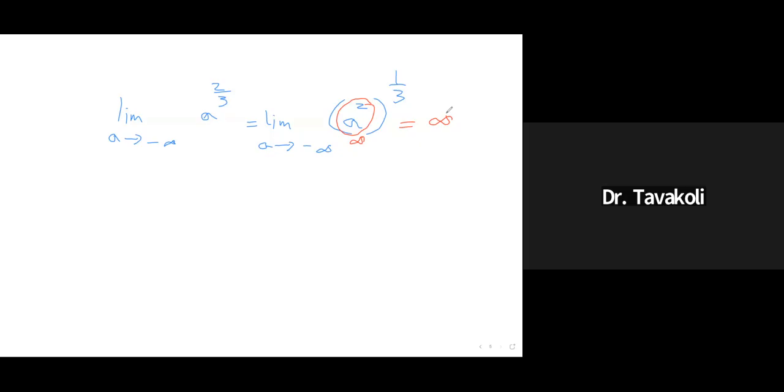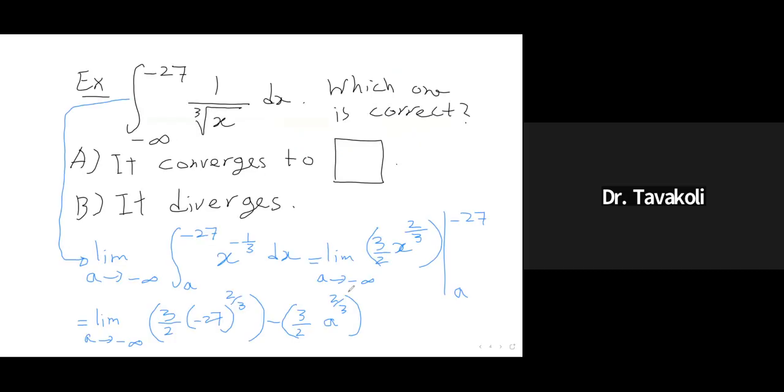So for this reason, this part tends to infinity, which means that we are dealing with a divergent integral because we have infinity involved here. It's not 1 over infinity that makes it 0 or a number divided by infinity that makes it 0. It's infinity there.